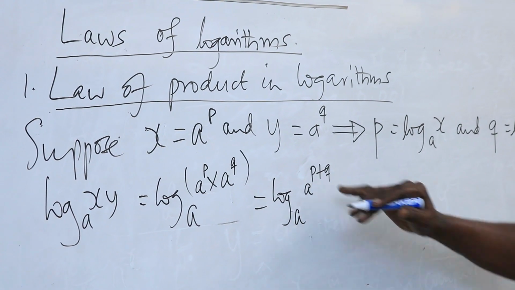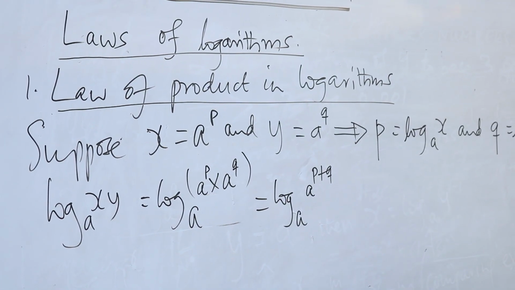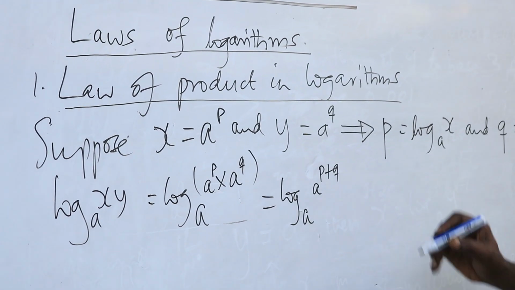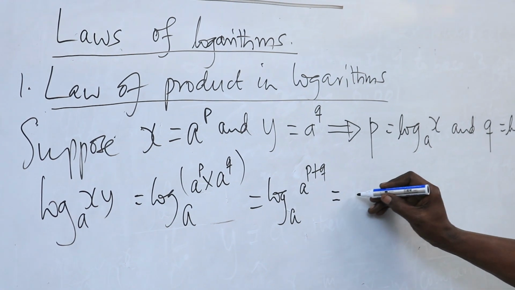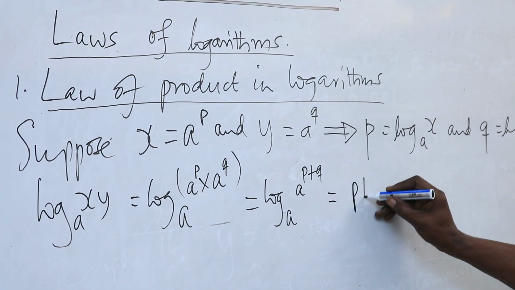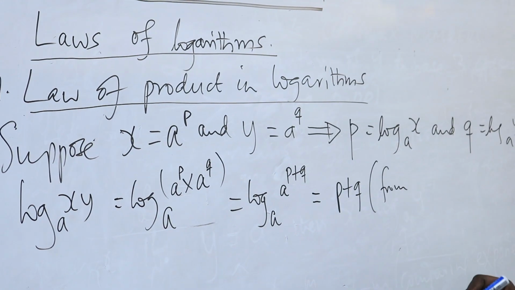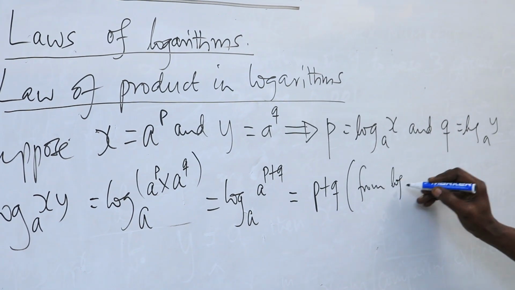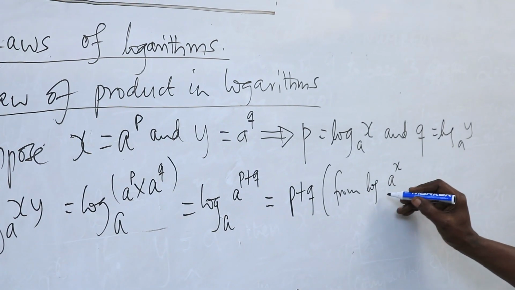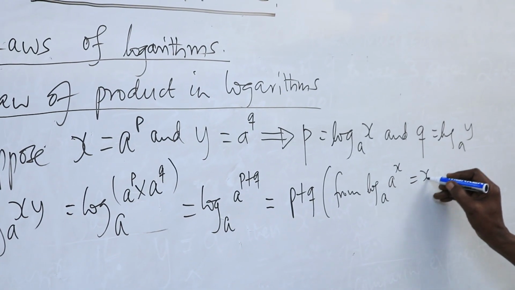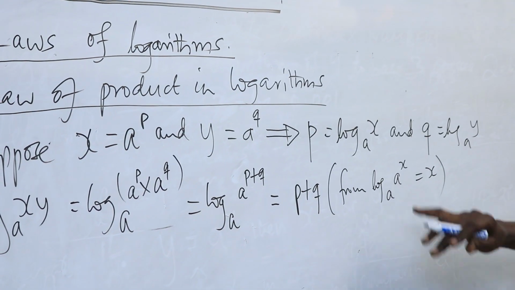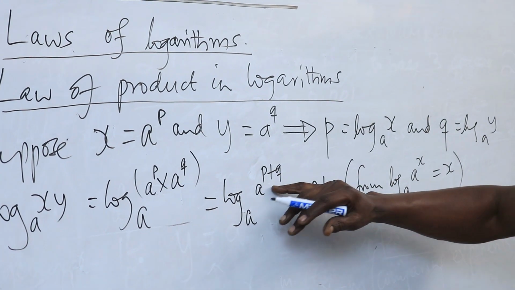We just add the exponents. But again, this one is equal to p plus q from what we just learned, that the logarithm of a exponent x to base a is x. So our x here is p plus q.